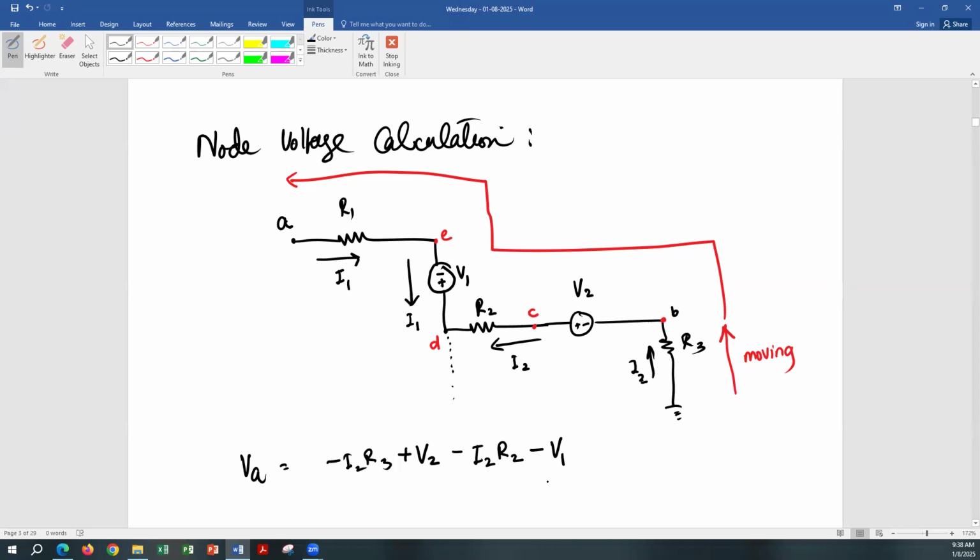And finally, when I get to node A and I pass through R1, am I going to lose some voltage or gain some voltage? There can be two answers, lose or gain. Based on what?